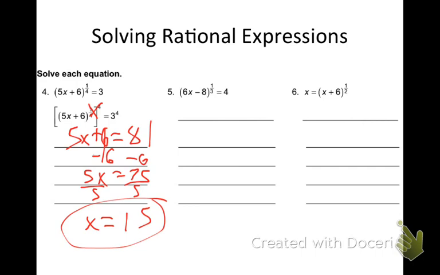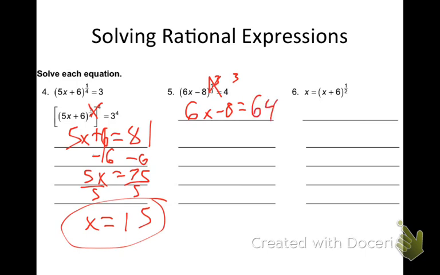Let's look at number 5 here. 6x minus 8 to the 1/3 power equals 4. I have the 1/3 power. So what do I want to take to both sides to get rid of the 1/3 exponent? A 3 to both sides. So I take a 3 to both sides, cancels that out, giving me 6x minus 8 equals 4 to the 3rd, which is 64.